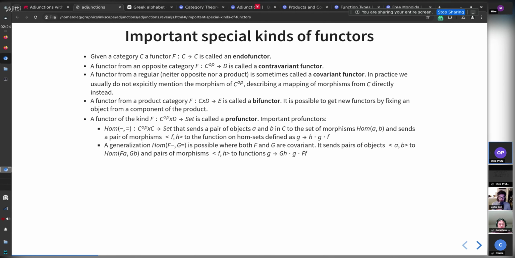Yeah, I am omitting a bunch of things here because just the preliminary introduction would be too long if I did all of that. Yeah, I got you. One thing that might be nice too is what is the hom minus equals notation? Yeah, I'm doing this to avoid introducing variable parameters.